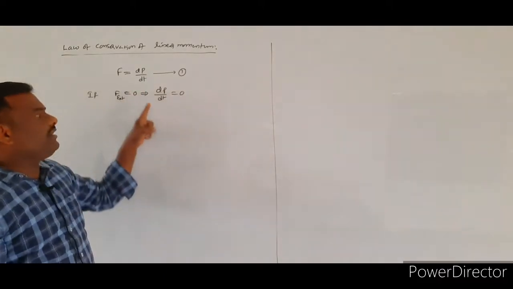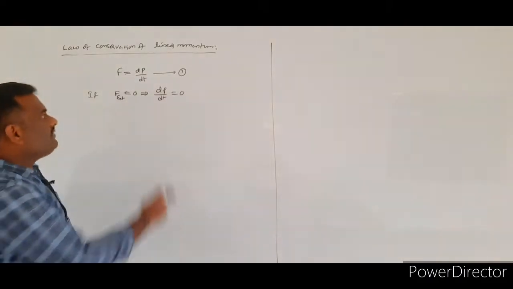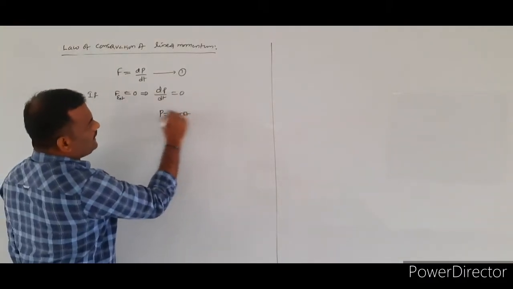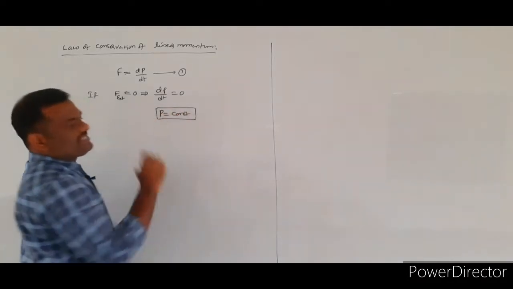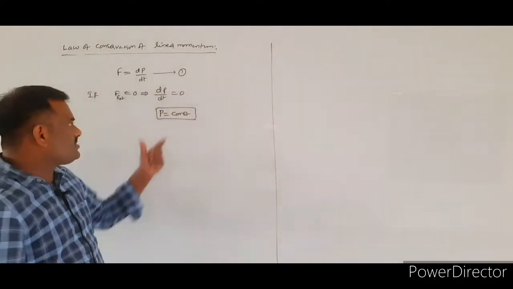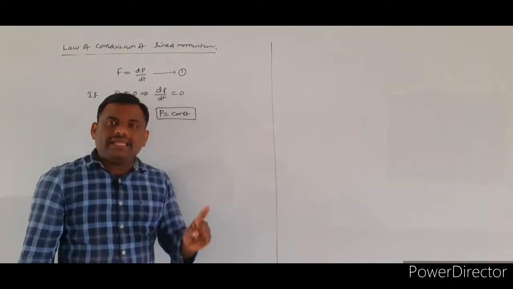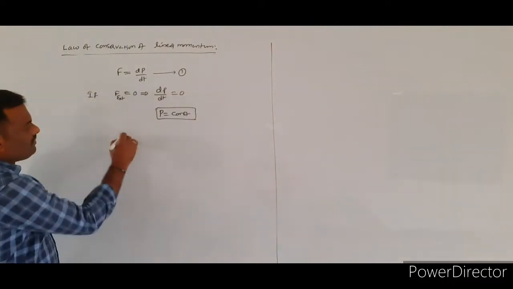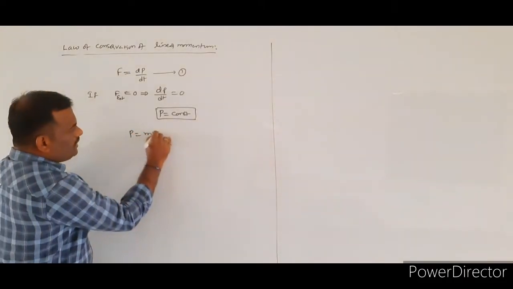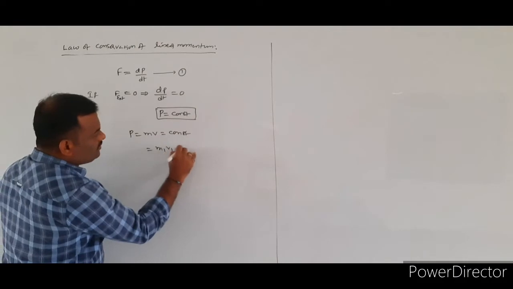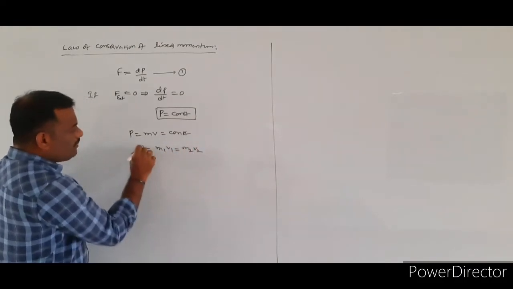If dp by dt is equal to 0, we write P is equal to constant. What does P indicate? P indicates the linear momentum. Already we know the formula: P is equal to mv, which is equal to constant, or we write m1 v1 is equal to m2 v2.